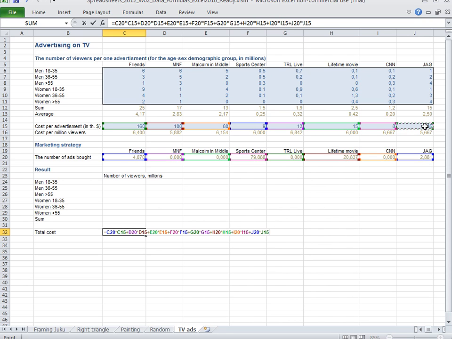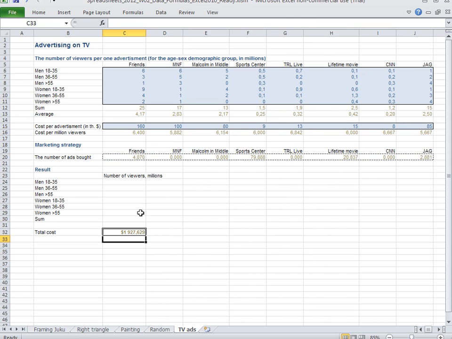And we have now multiplied together all the decisions with all the costs, and we've added those multiplications, and when we press enter we get something like $1,927 million. That's what our project will really cost us.